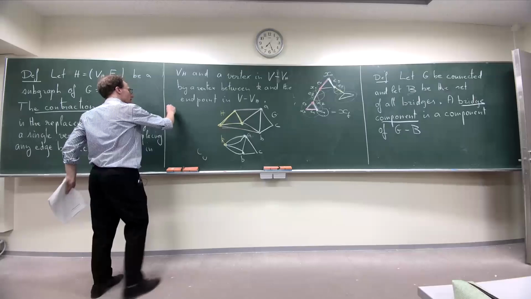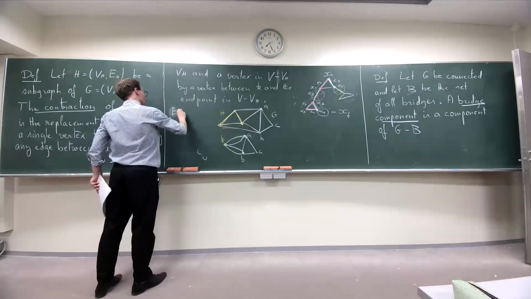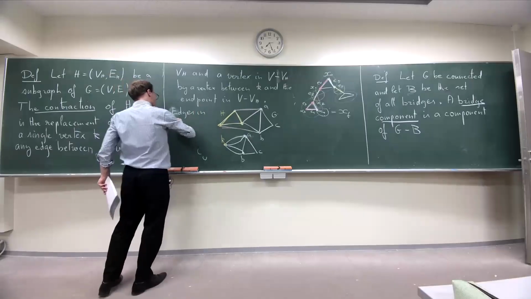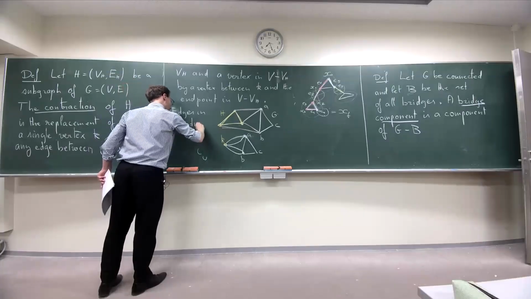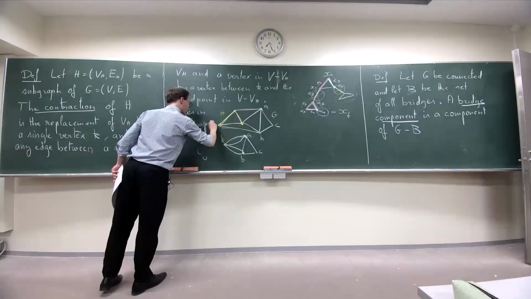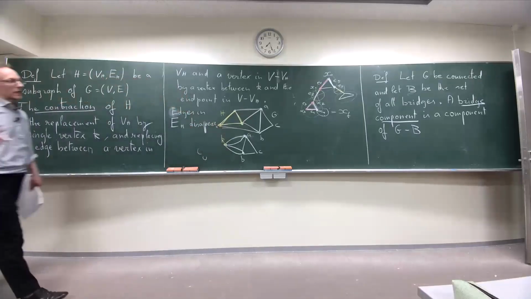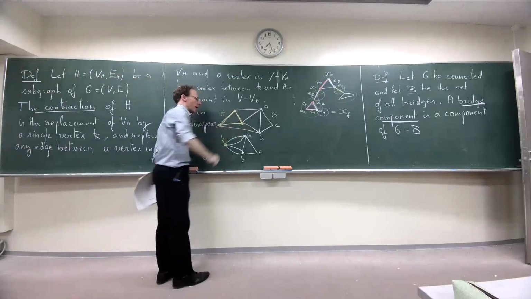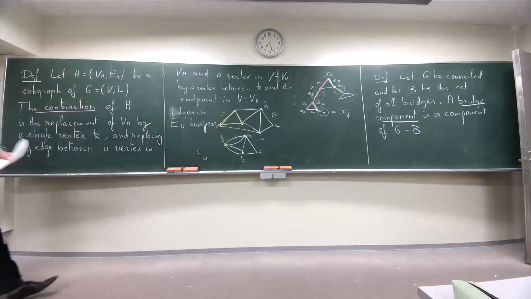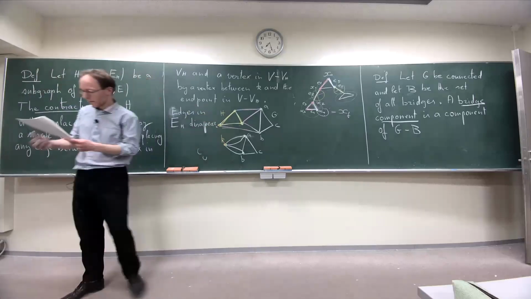So the edges in EH, they disappear. They do not appear anymore. But you have to keep track of the ones connecting one vertex in H and one outside. And these are the four you can see. So this is a contraction. And whenever you give me a subgraph, I can do it.